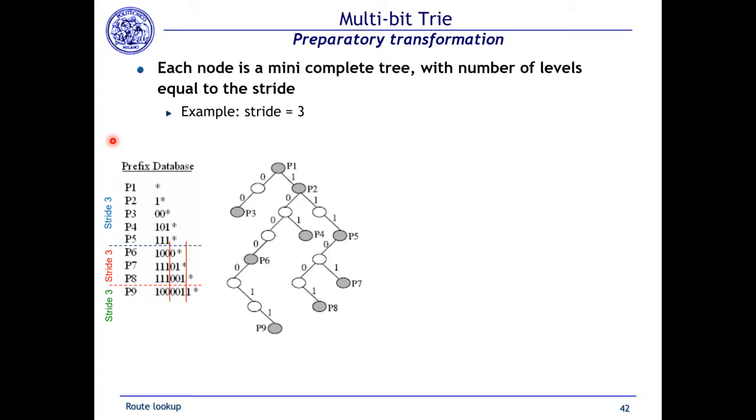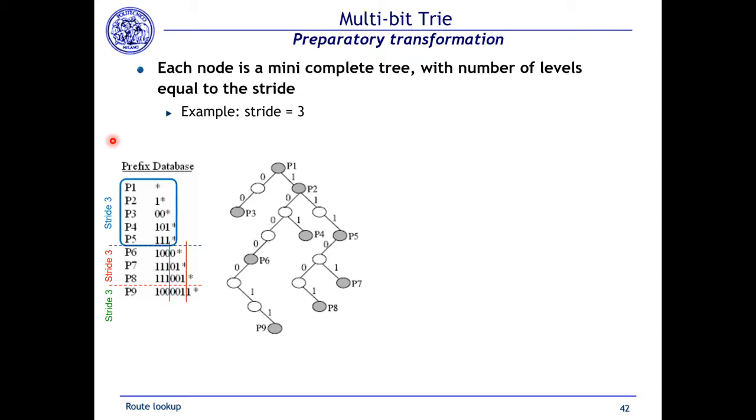Then the prefixes of length equal or less than 6 fall into the next category, again with a stride equal to 3, so we will need other nodes to represent that set of prefixes. And here we also have one prefix that is longer than 6, so we will need other nodes for that prefix too.